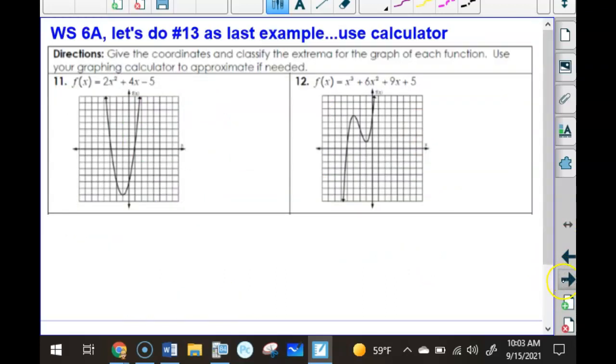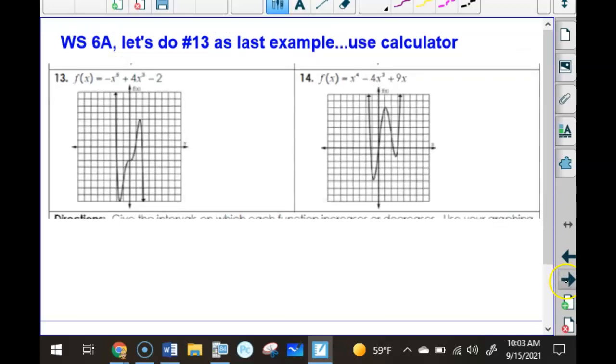6A is eventually going to be homework. Can we do number 13 together, it says? So if you go to 6A, can anybody tell me what the directions say on 6A? This worksheet is not your homework until tomorrow because you have to do inflection points too, I think.